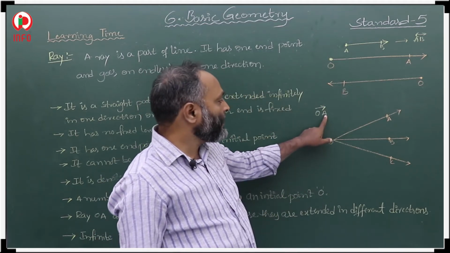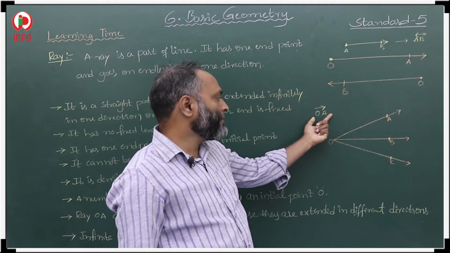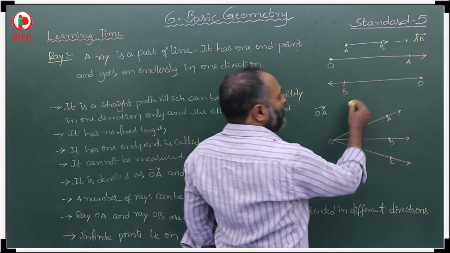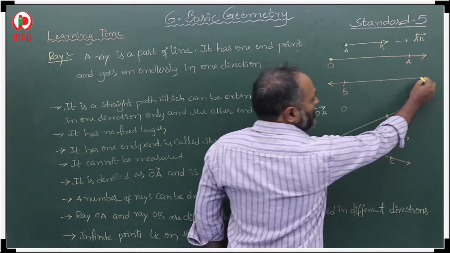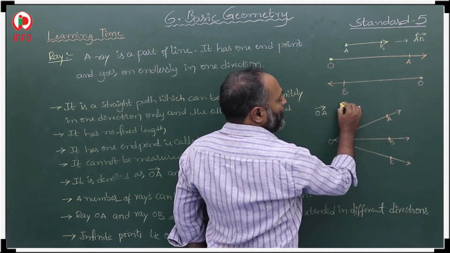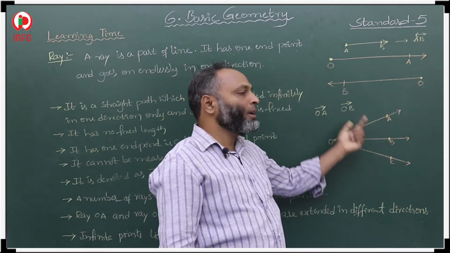The second alphabet we take next, OA. We have to represent ray OA in this form. Here ray OB is there. So how to represent it? O first, the fixed point, the initial point we have to take first, and then B, ray OB. Like this we have to represent ray OA, ray OB.